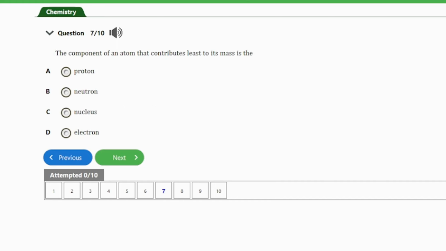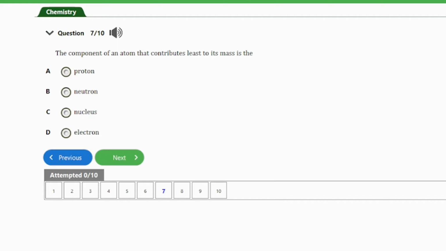Question number 7. It says, the component of an atom that contributes least to its mass is the A, proton, B, neutron, C, nucleus, D, electron. So guys, the answer to this question is option D, and that's electron. Electron has the least contribution to the mass of an atom.